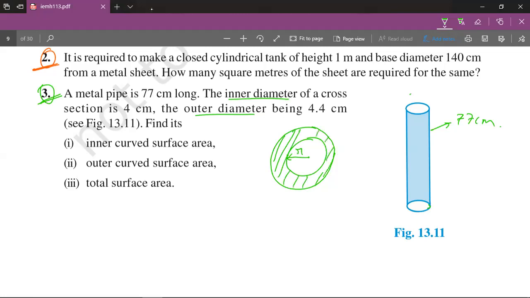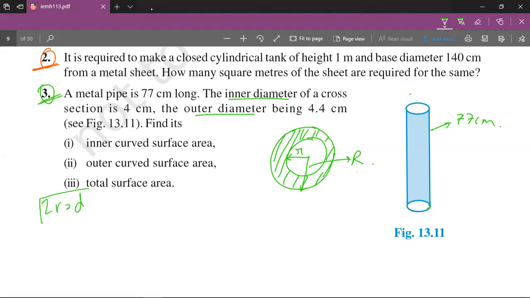So they have actually considered a thickness here. Very good. The outer radius is this, and we'll consider this as capital R. The inner diameter of a cross section is 4 centimeters, the outer diameter being 4.4 centimeters. Now we are being given a normal but important formula.